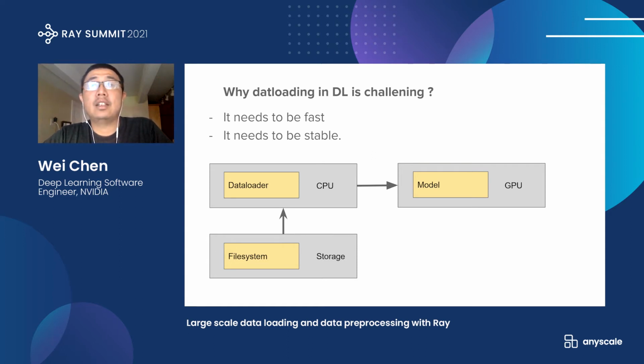Label processing could be quite complex. For feature processing, it could be like resizing the images or rotating images. Those kinds of operations are quite CPU intensive. And finally, the output of the data loader needs to be sent over to the GPU through a CPU to GPU copy. So it's quite challenging to make all these components fast.